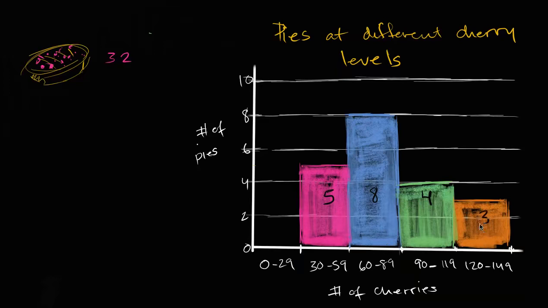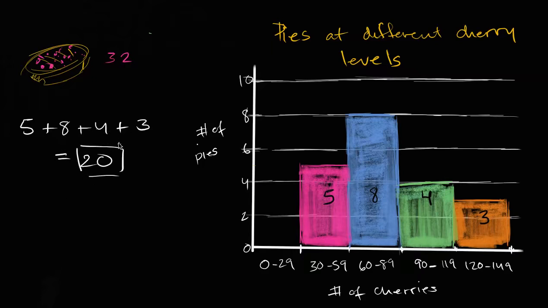This is 3 pies that have at least 120, but no more than 149 cherries. And this accounts for all of the pies. So the total number of pies you have at this store are 5 plus 8 plus 4 plus 3, which is what? 5 plus 8 is 13, plus 4 is 17, plus 3 is 20. So there are 20 pies in this store.